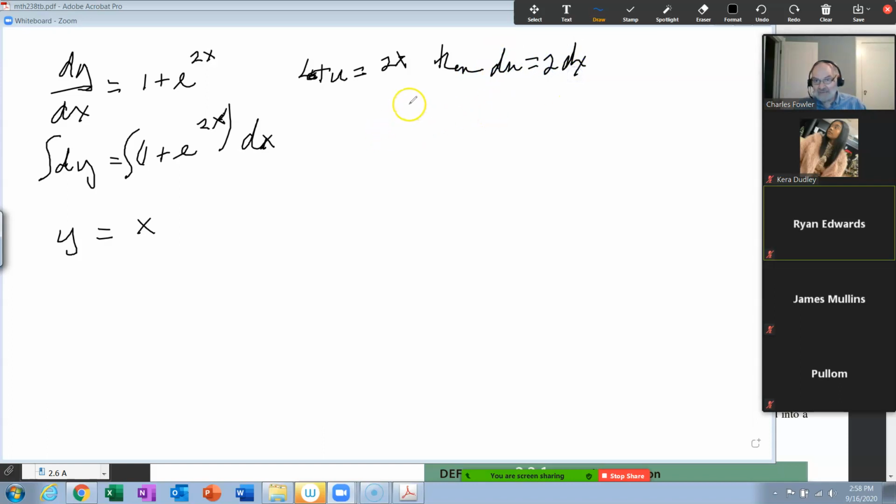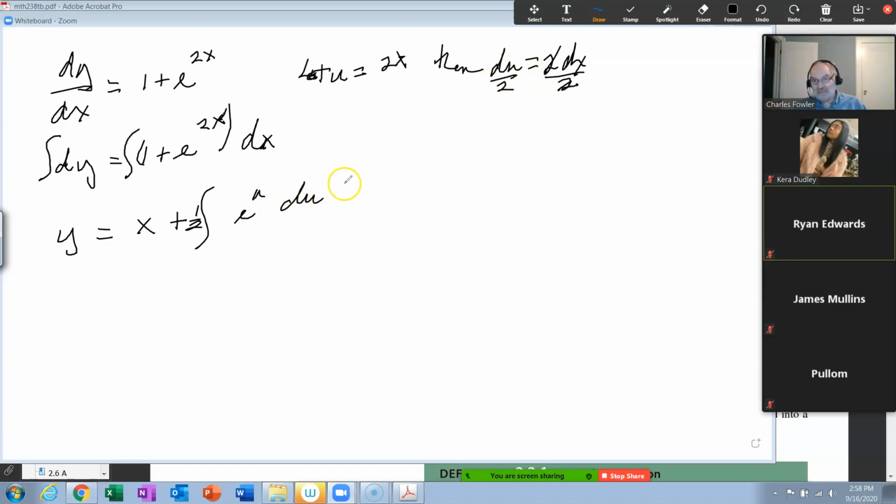We don't have a 2 dx, we have a dx, so let's divide both sides by 2. Okay, and then what we have, I've done the first integral, let me do the second one here, plus the integral of e to the u, or let me do the 1/2, take that 1/2 on the outside of the integral, e to the u du, because du over 2 was dx.